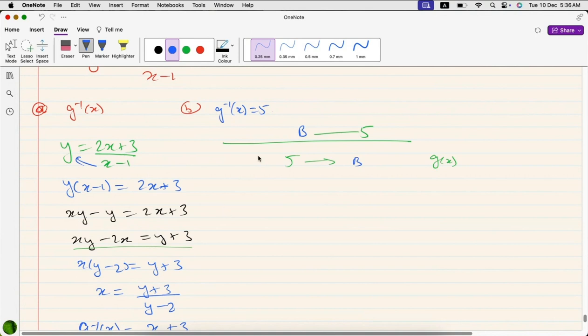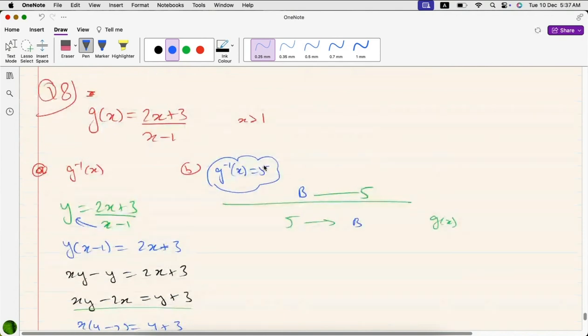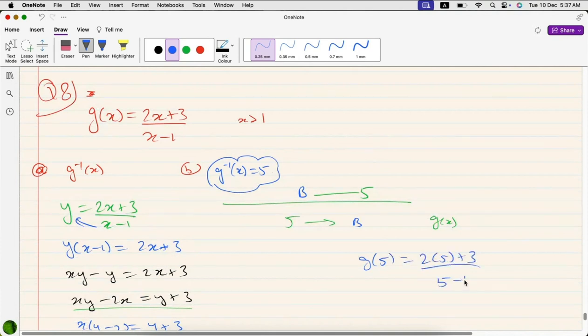Does it make sense? Yeah. So I can substitute 5 in g of x to get that answer. So that's 13 by 4, which is 3.25.